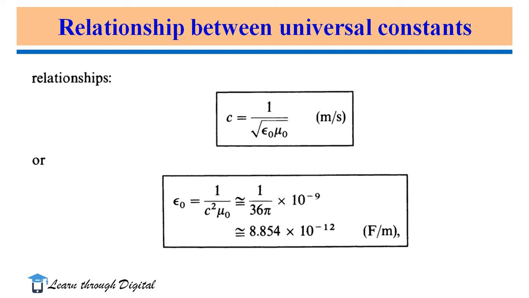And the value for epsilon naught is obtained by using the relation epsilon naught is equal to 1 by C squared mu naught. Substituting the values of C and mu naught here, we get 8.854 × 10 power minus 12. So the permittivity of free space is 8.854 × 10 power minus 12 farad per meter.